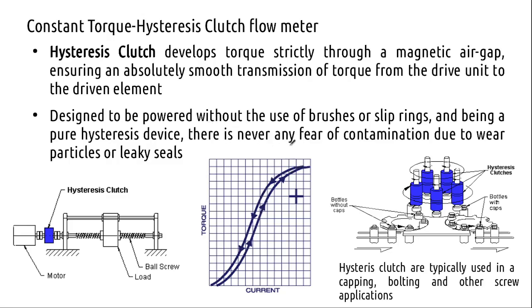Now there is a smooth transmission of power. This particular type of mechanism is used in, say, bottle screwing mechanisms. On a conveyor belt where the bottle comes, there this hysteresis clutch mechanism is there, and in assembly lines, they just screw on these caps.